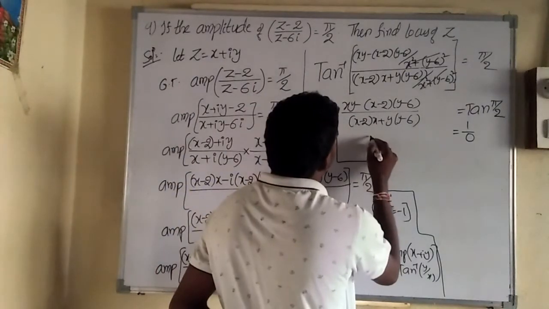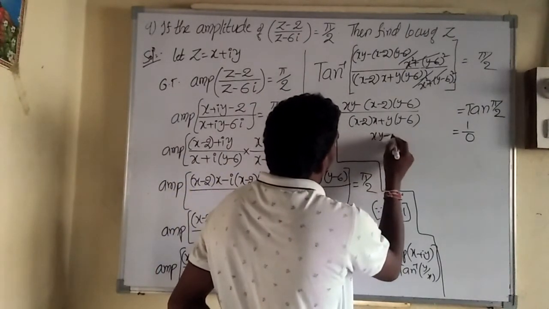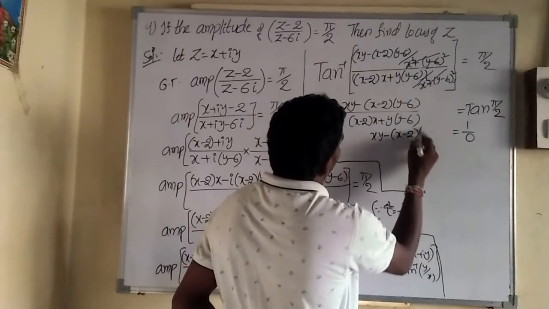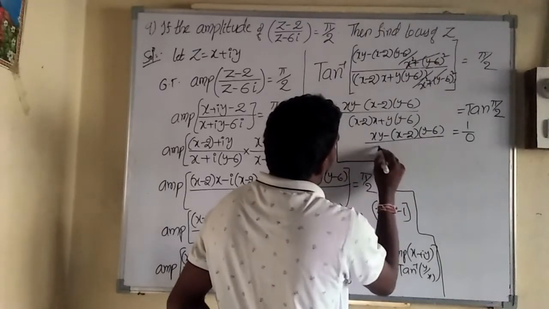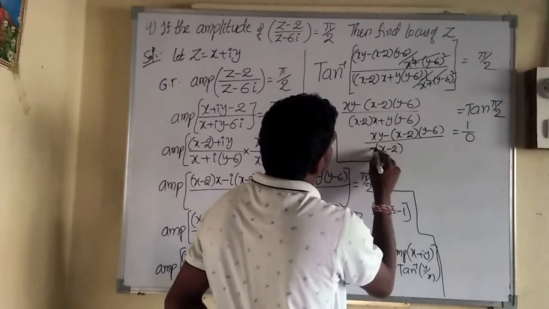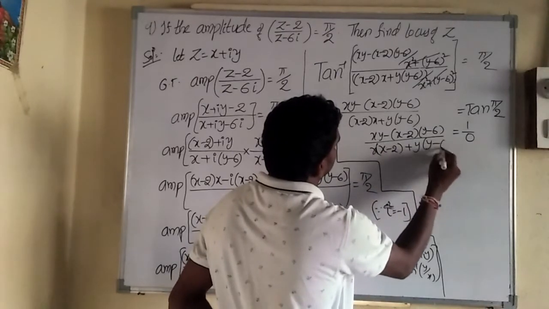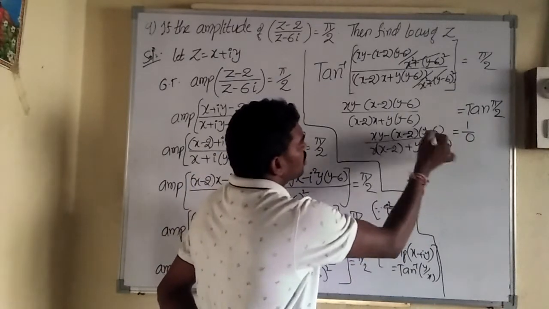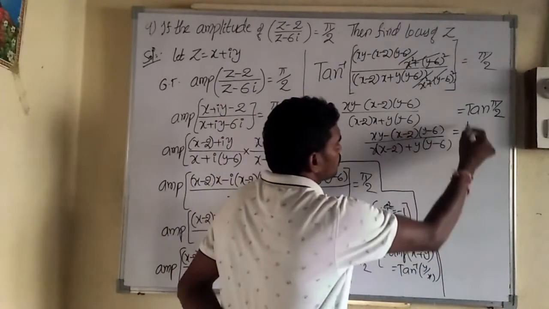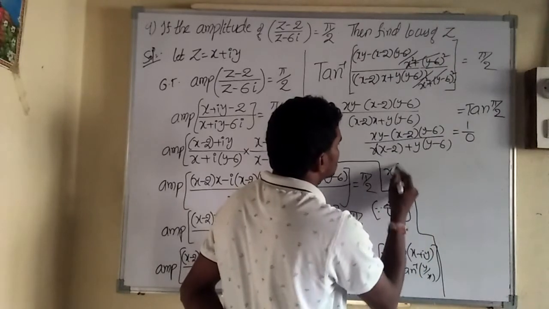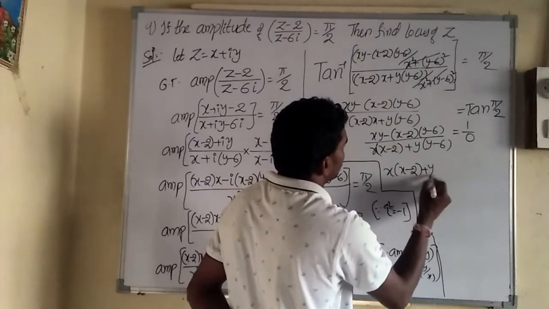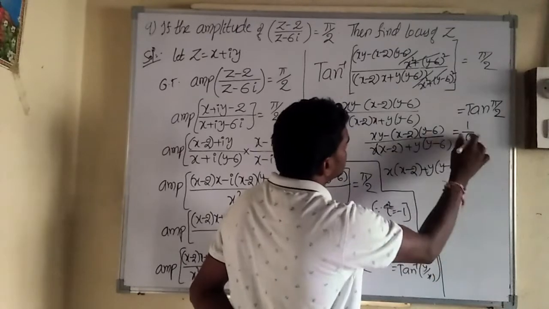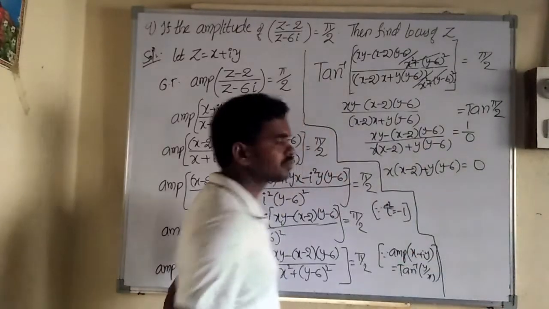And so (xy - x - 2(y - 6)) by ((x - 2)x + y(y - 6)). Do the cross multiplication. 1 into this and 0 into that. So 1 into this, x into x minus 2 plus y into y minus 6, is equal to 0 into something, 0.